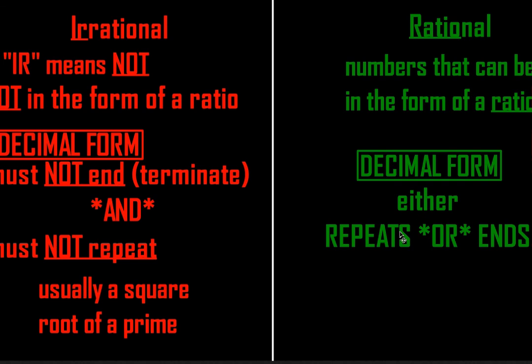So it either repeats or it ends. So again, this is the huge difference. That's why I have them in 2 different colors, because we're saying, okay, for not rational numbers, they must not end and they cannot repeat. However, for rational numbers, they can do either of these. Okay, so if they do one or the other, it is rational.